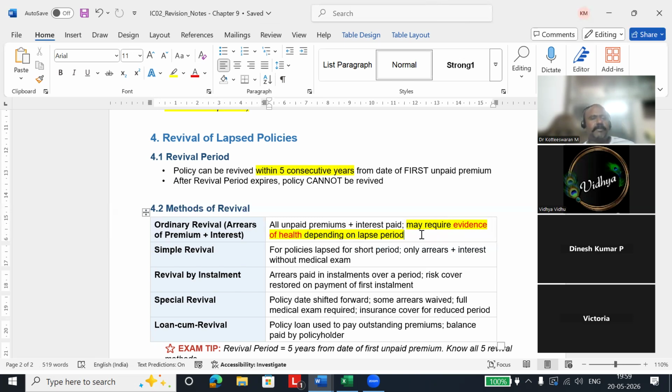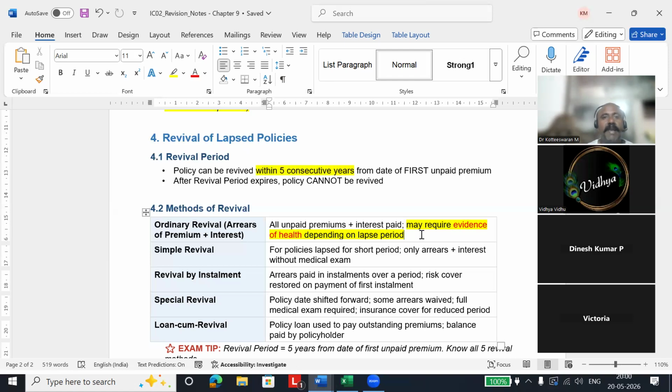let's take an example. 5 years ago I just made my policy lapse. After 4 years, I want to start again. The insurance company will have a doubt: why is this person, after 4 years, wanting to start again? There may be some adverse change in his health. They may have got some other disease. They may be in a dying condition.